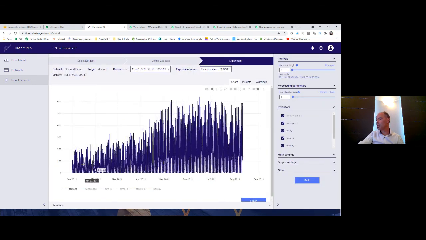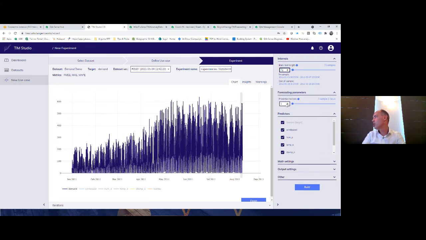And then basically what you see is here you see all the different data points plotted over time. And in this case, it's all based on the demand. I can then here put certain backtest length, for example, to see how did it go before. So I can put here, for example, 72, so then it will go back 72 hours, and I want to predict 72 hours in the future, for example.